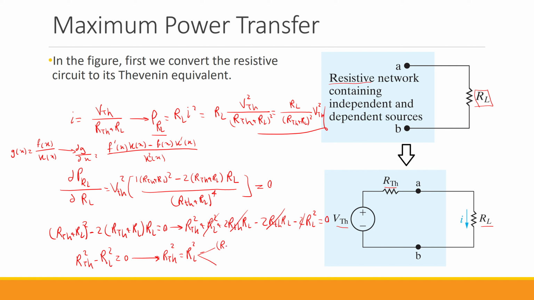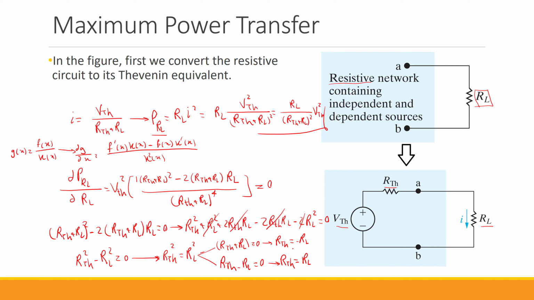One is if RTH plus RL equals 0, or RTH is negative RL. The second case is when RTH minus RL equals 0, which means that RTH equals RL.